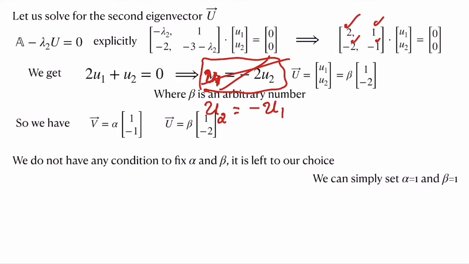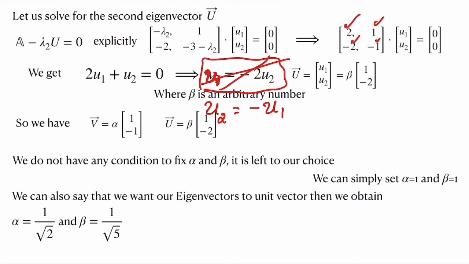We may simply choose alpha to be 1 and beta to be 1. But one useful way to choose them is to normalize the eigenvector. We can choose alpha and beta such that the eigenvectors are unit vectors.